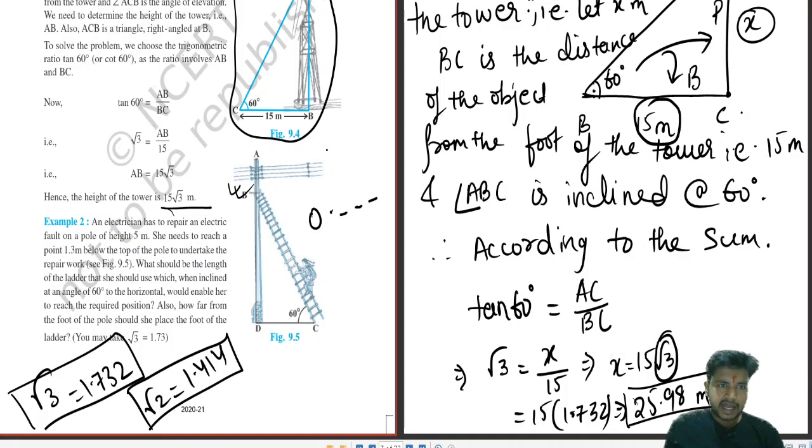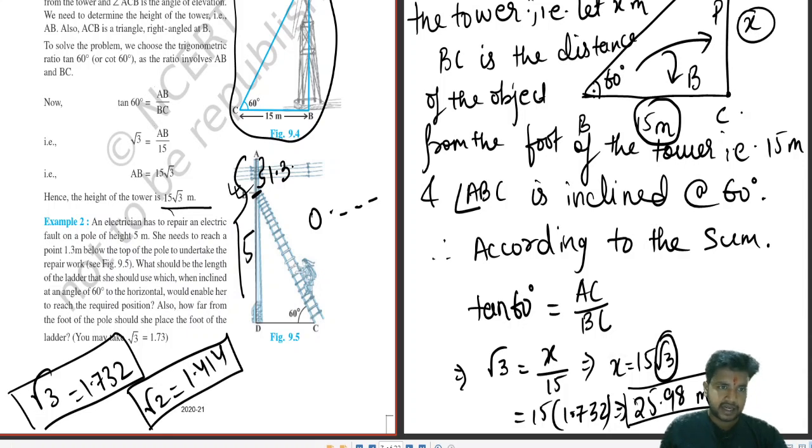That means the height of the pole is 5 meter. It means the ladder will align at a place where the distance from the top of the pole will be 1.3 meter. The question says like this.